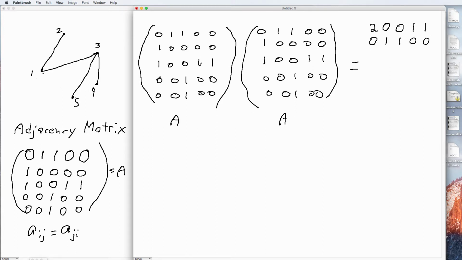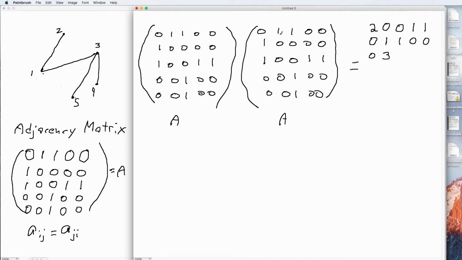Over here it's a little more complicated, but when I multiply this one times that one, there are no places where there are 1s that agree. Notice at position 2 and 3, I've got 0, and position 2 and 3, I've got 1s there. This is going to be a 0. I come over here, and this is going to be 1 plus 1 plus 1. This is going to be 3.